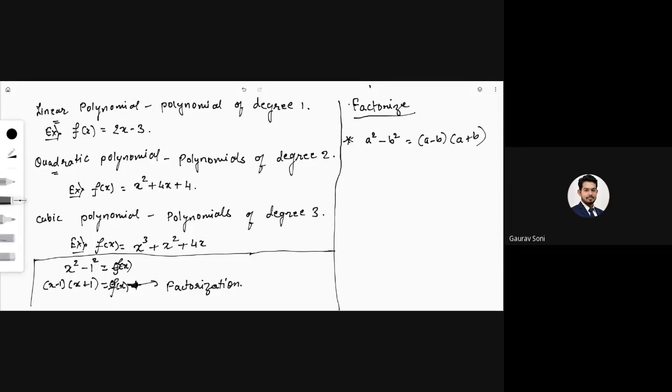So in partial fractions, what we are going to do is there may be some polynomial, and I want to factorize that given polynomial. Say for an example, I have this quadratic polynomial, x square plus 4x plus 4. Can you factorize this?